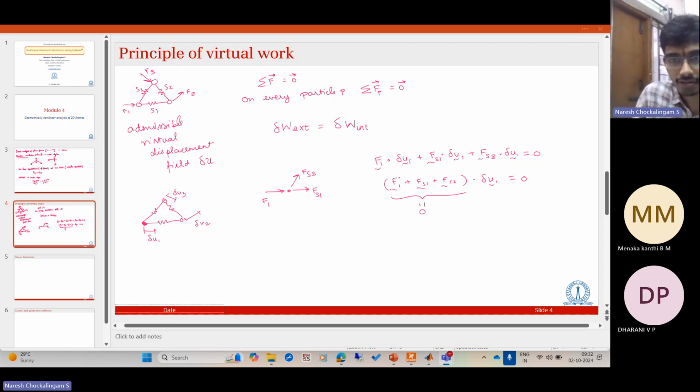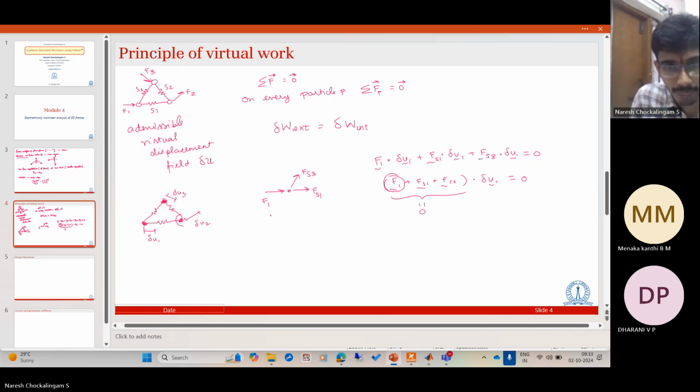Next, this kind of equation can be written for each of the above particles, right? Similarly for this particle, we'll get something else. For this particle, you'll get something else. If you see, there will be contributions from the external forces, and there will also be contributions from the internal forces.